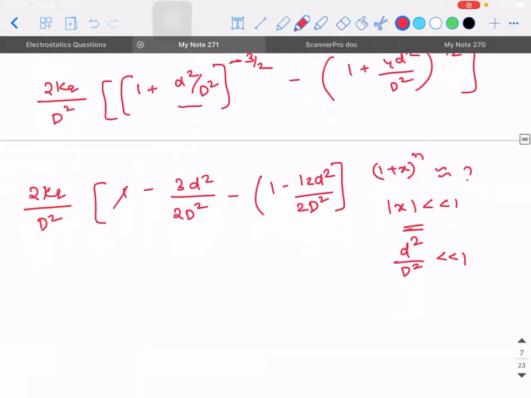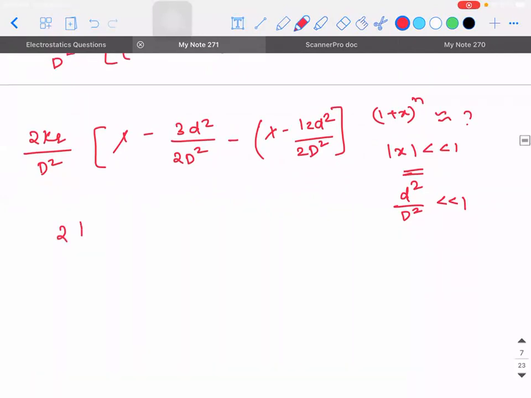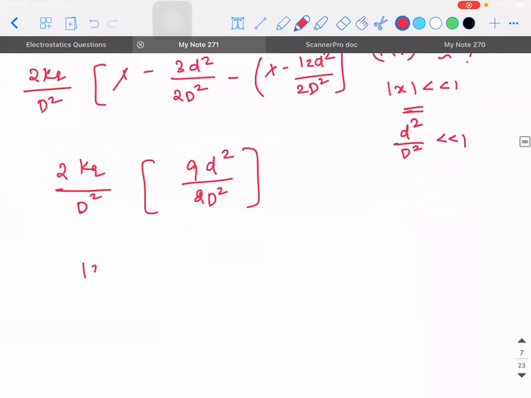Right. So 1 will get cancelled. What is it that you're left with? 12 minus 3, 9. So 2 times kq divided by d square into 9 times d square divided by 2 capital D square. Correct? So 18 times kq d square the whole divided by D power 4 is the value of net.